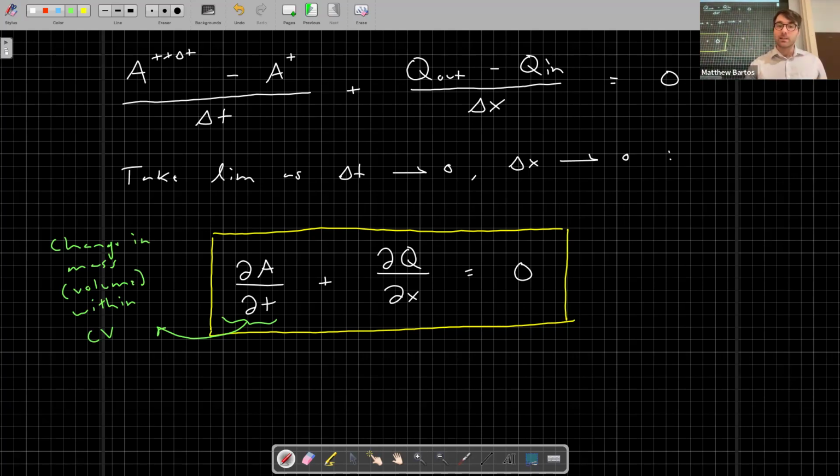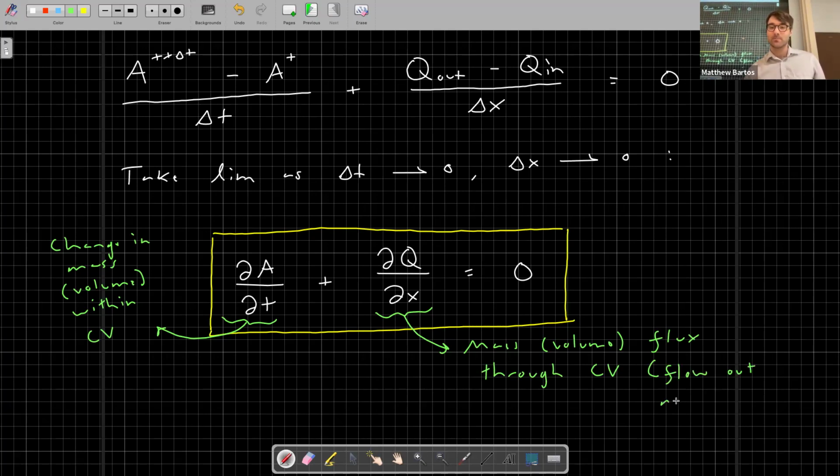The dQ by dx refers to the mass or volume flux through the control volume. In other words, this is flow out minus flow in.